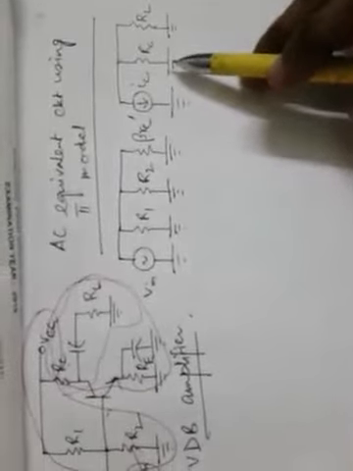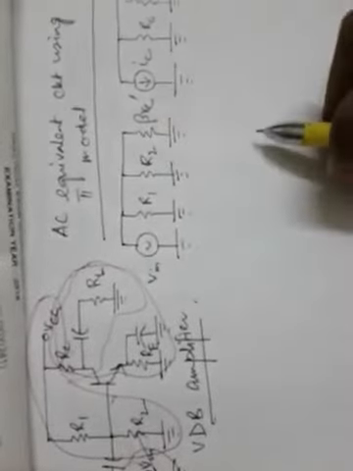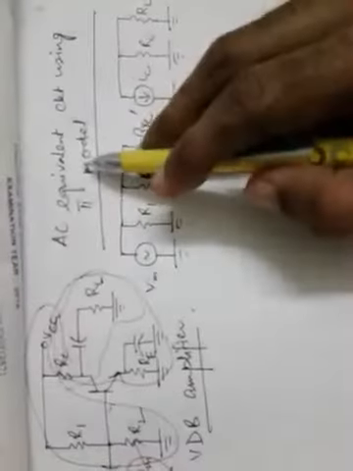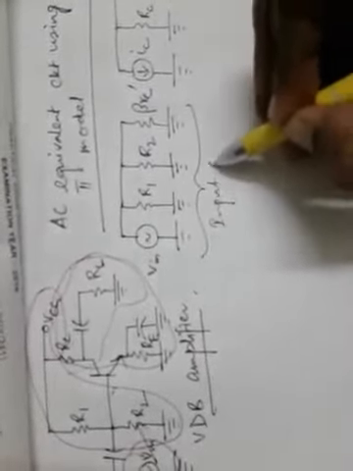The output circuit is also resembling the pi structure. So we can say that as a whole this is the AC equivalent circuit with respect to pi model of the voltage divider bias transistor amplifier, where this block is representing the input circuit, and this block will be representing the output circuit of this given diagram.